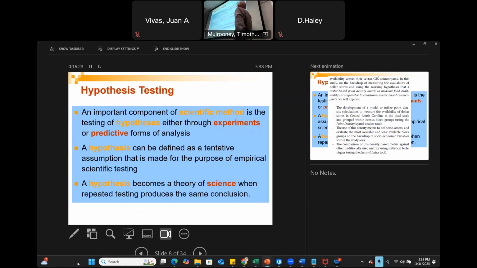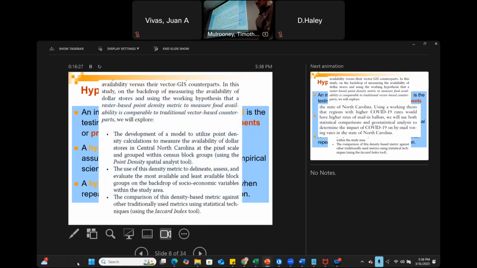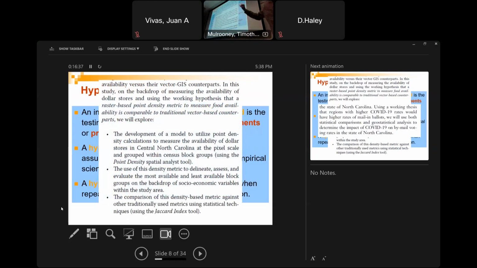So we have these hypothesis statements. And for those of you, because I love putting my papers up there, this is a recent paper. I think this is the most recent paper we wrote, where we use density metrics to measure food availability. I like making hypotheses with little bullet points that we can go prove and disprove, because a lot of times when you read these papers, you have an abstract, an intro, and then a lot of fancy stuff that you may or may not understand, and then you get to the end with the conclusions.